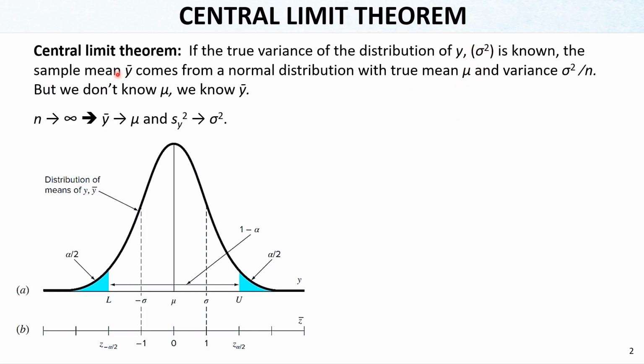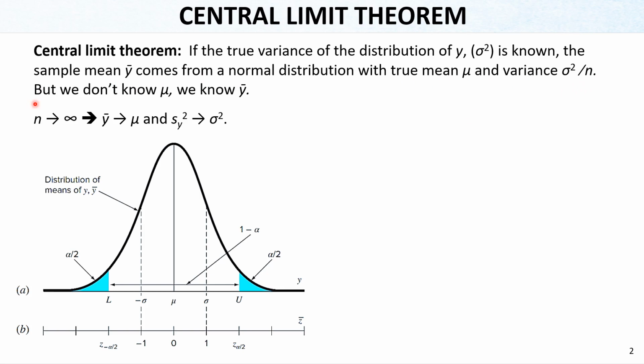Also, we have some limited sample and we have a mean from that limited sample, which is different from the true mean, because with this limited sample, let's say 10 samples, we will have a different value from the true mean. But this theorem says still the sample mean comes from a normal distribution with true mean and variance divided by n.